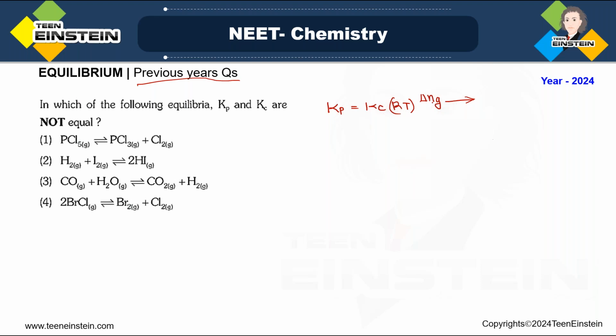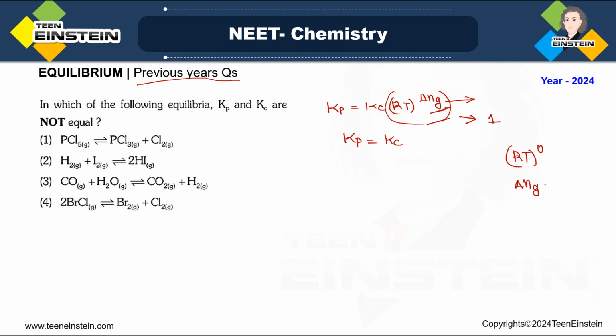So if you find this del Ng value as 1, okay, then Kp and Kc are not equal. Means what? This part must be equal to 1, then only we can say that Kp is equal to Kc. Now that is only possible if the power of RT is 0, and power of RT 0 means what?